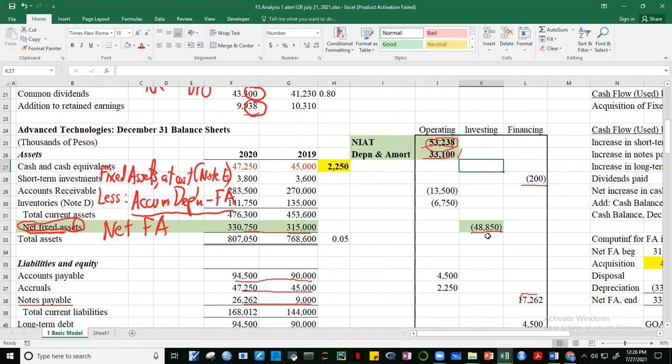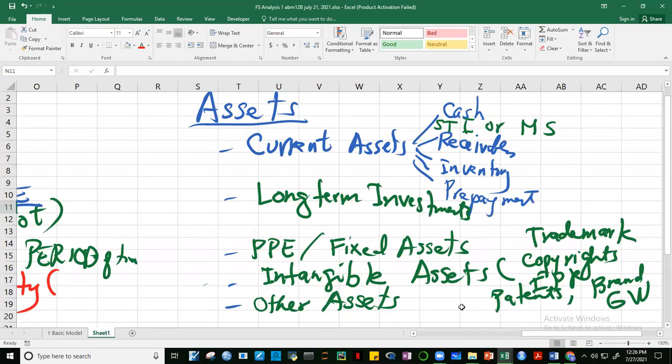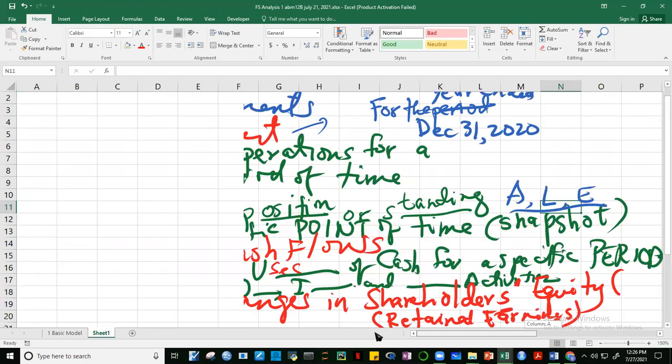Okay? And how do we know it's a source of cash or a use of cash? If it's an asset, if it increases, it will be a use of cash. Therefore, ang opposite niya guys, kung bumaba yung assets, then it will be a source of cash. Okay, so as I said a while ago guys, you only need one. Ay, wait.